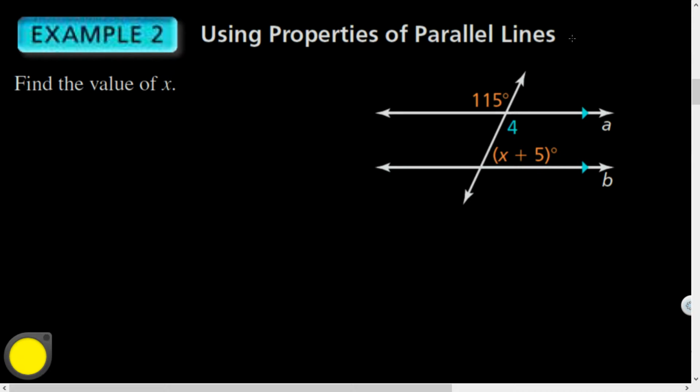What are you guys thinking here? Yeah, Emmett? All right, so by that, these two are congruent. Yeah, and I kind of did a substitution here simultaneously.